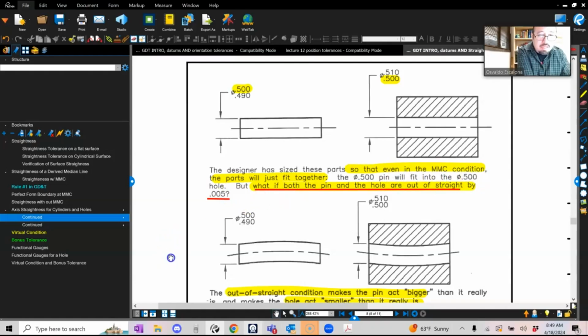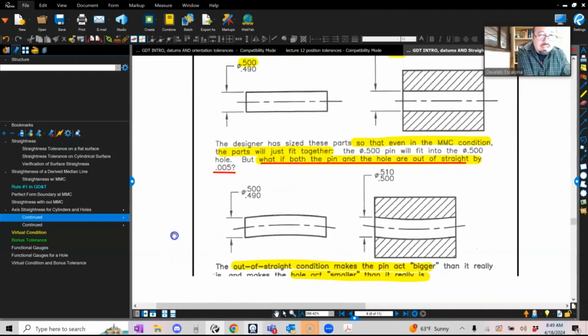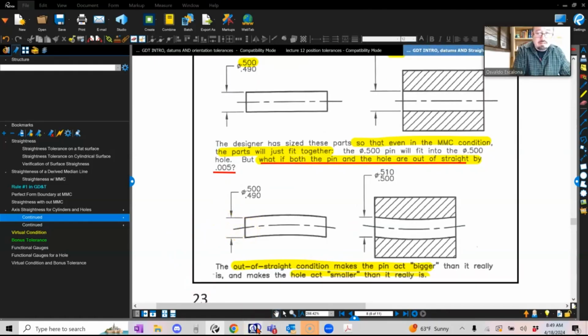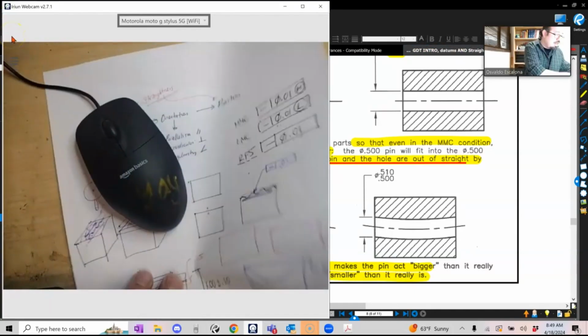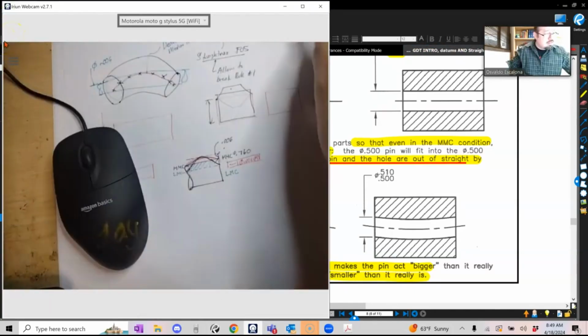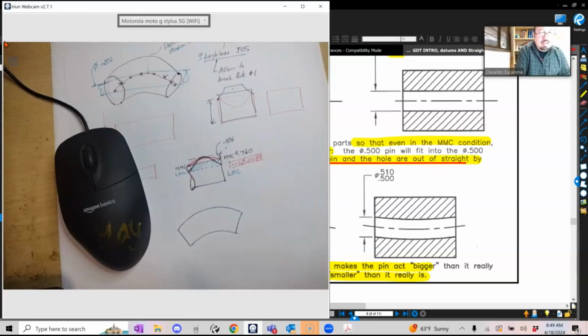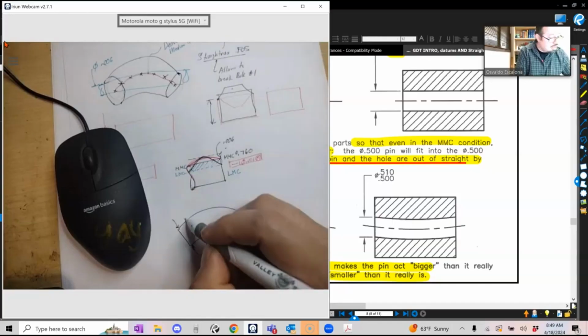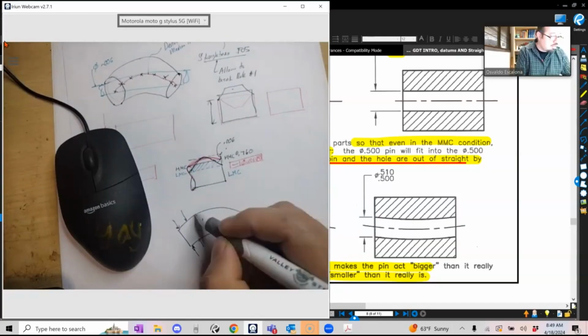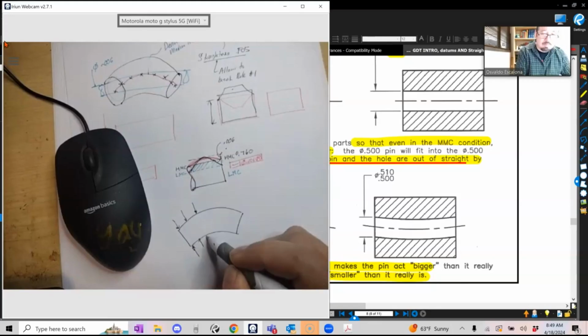But what if both the pin and the hole are out of straightness? Let's say that I measure the pin, and now it looks like this, right? I measure it here, it's within the boundary. Then I measure it here, within the MMC and LMC, the biggest and the smallest. Good, good, good.